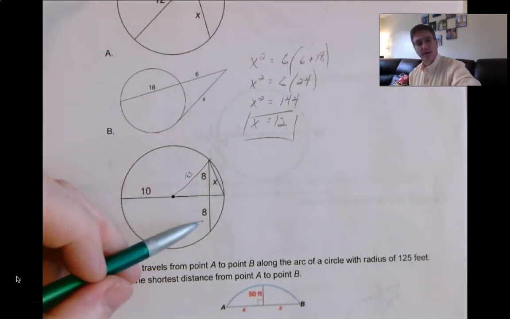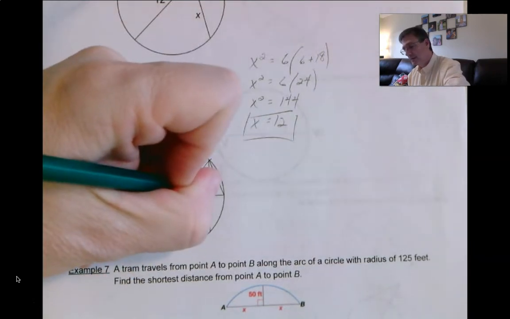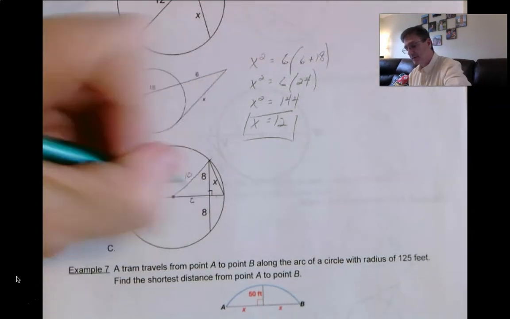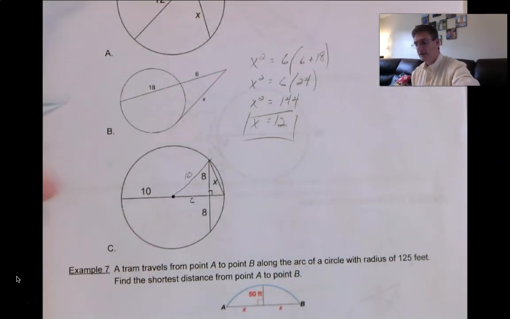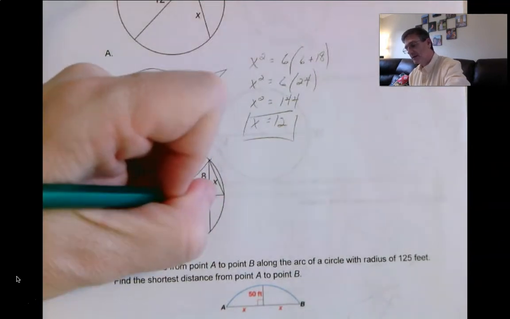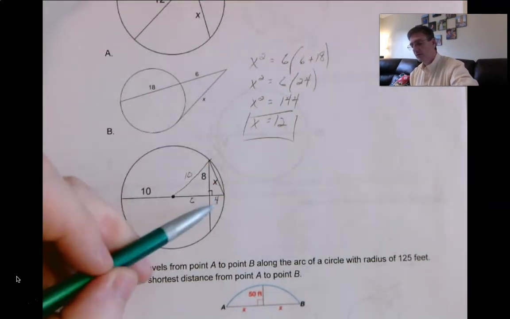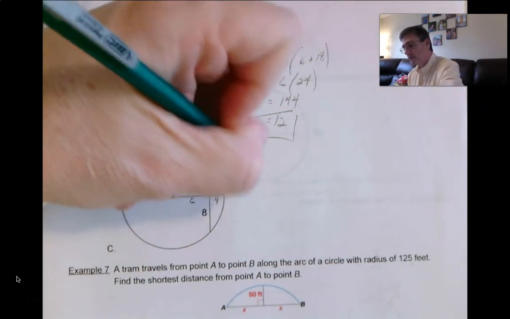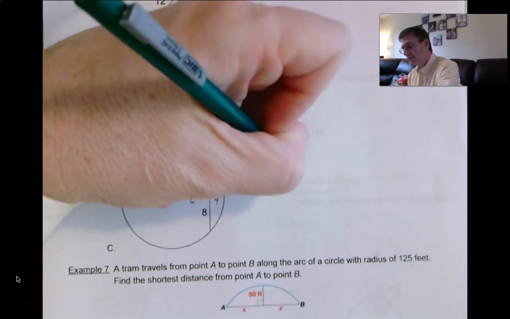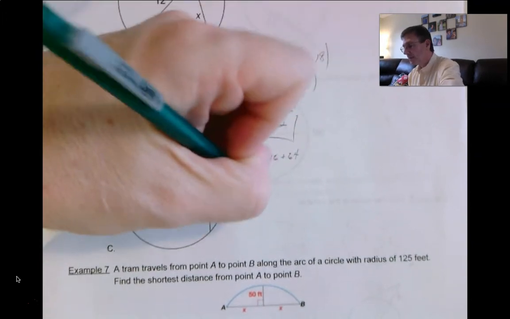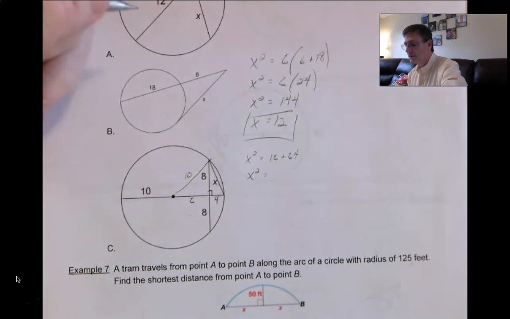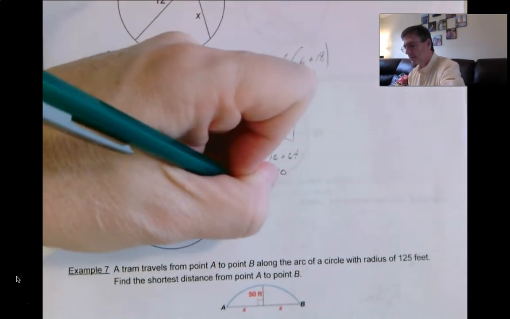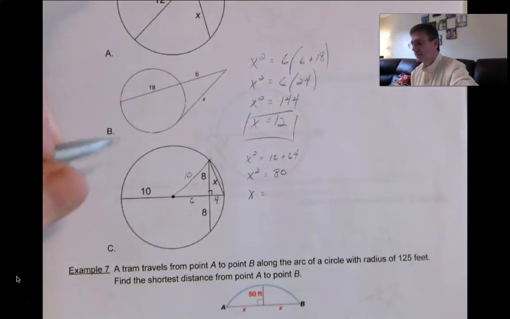If this segment's being bisected, which it is, then that's a right angle, which makes this 6. 6, 8, 10. If this is 6, the whole thing's 10. This is 4. This is 4. This is 8. This is x. Pythagorean theorem: x squared equals 16 plus 64. X squared equals 80. X equals square root of 80.